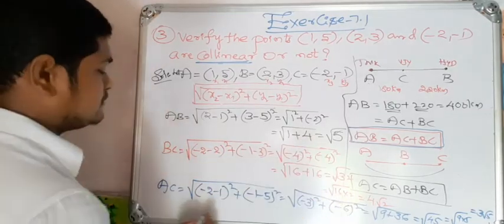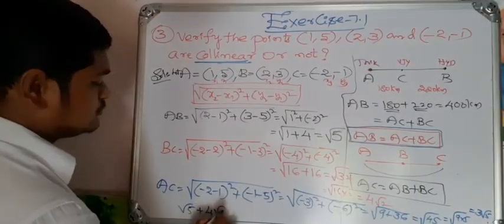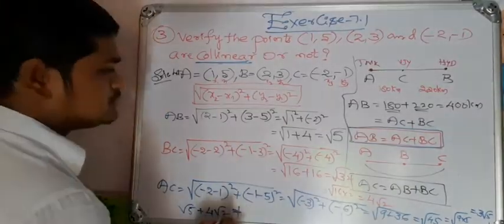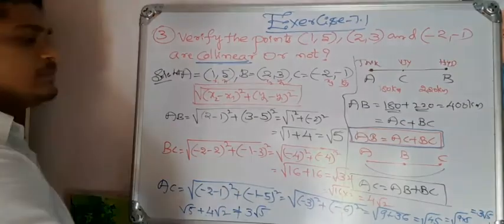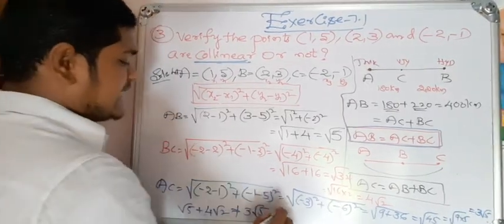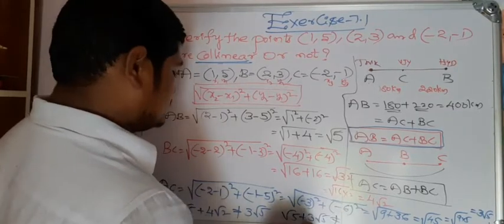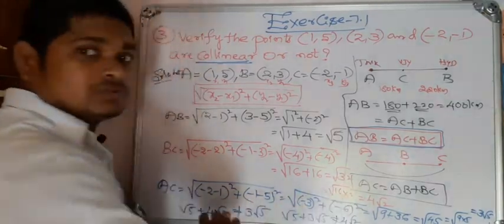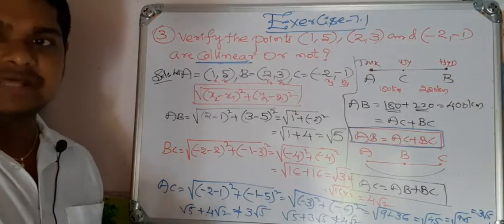So root 5 plus 4 root 2 is not equal to 3 root 5. So the given points are not collinear. Not only these two, if we add root 5 plus 3 root 5, it is also not equal to 4 root 2. Then we can conclude that the given points are not collinear.